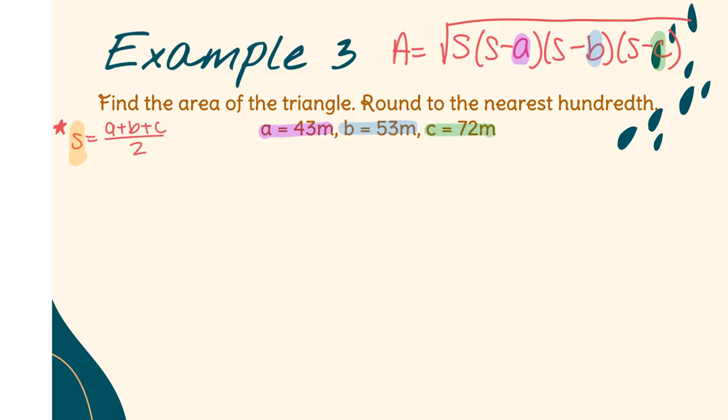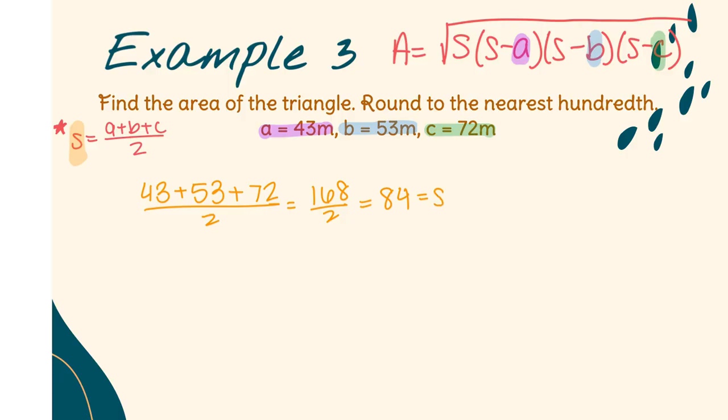So all I'm going to do is add 43 plus 53 plus 72, and then divide everything by 2. You can do it in steps and add the top and then divide it by 2, or you can just plug it into your calculator and you should get 84 for S.